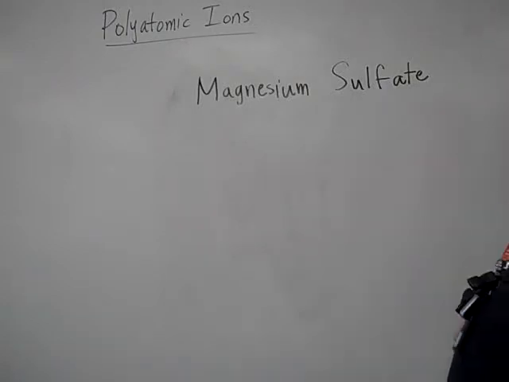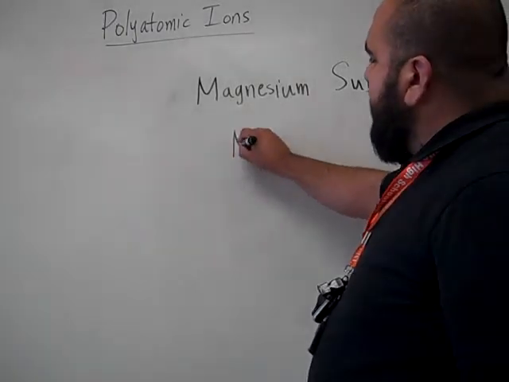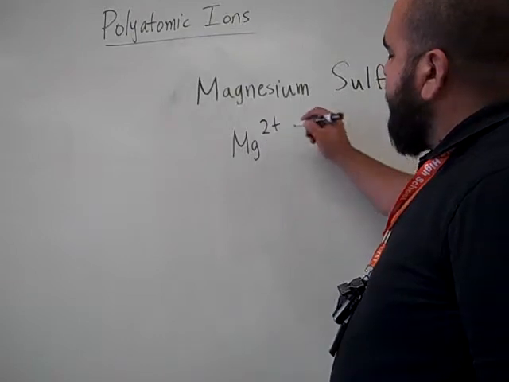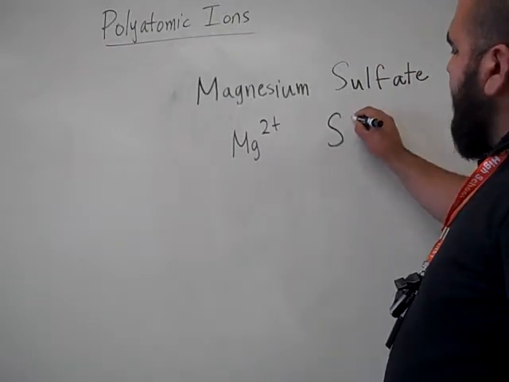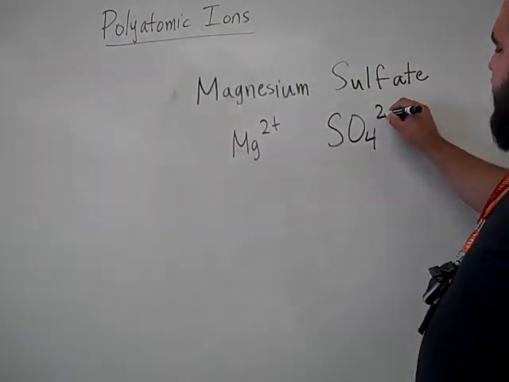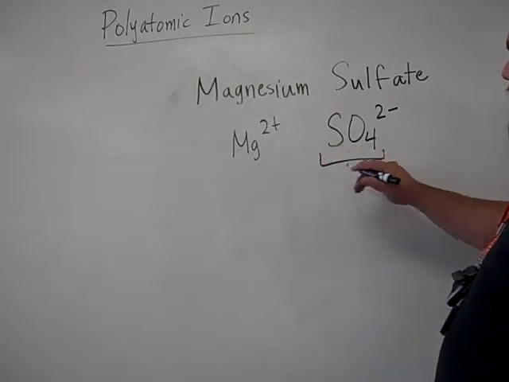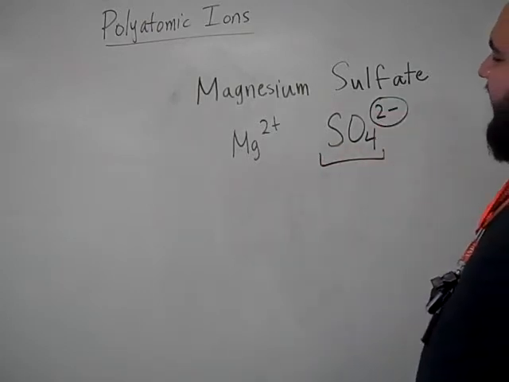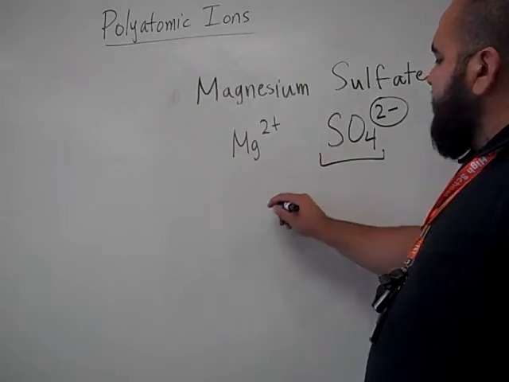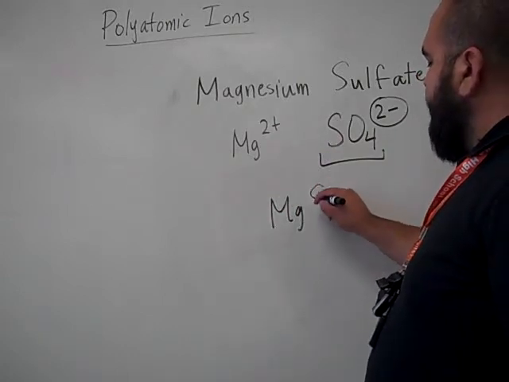All right, so magnesium has a charge of Mg2+. Look for the sulfate ion, and sulfate looks like this: SO4 2-. Again, SO4 completely has a charge of -2. So +2 and -2, that is your formula right there.